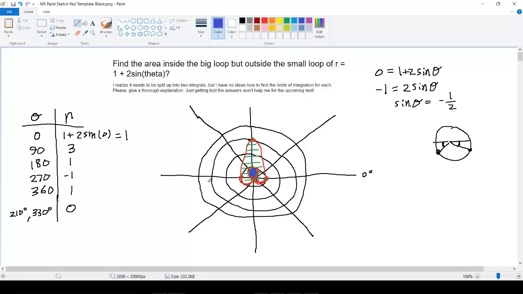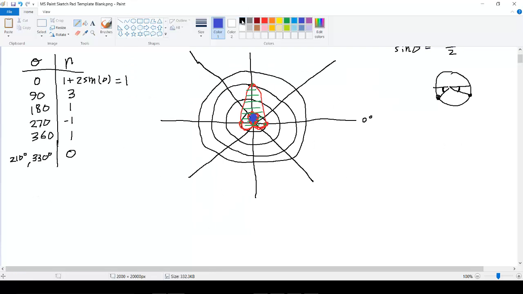Ultimately, and I think you understood this from what you asked here, you're going to have to subtract the smaller one from the bigger one in order to get the area in between the two curves. So our integral will have limits alpha and beta, and it will be 1/2 r squared d theta.